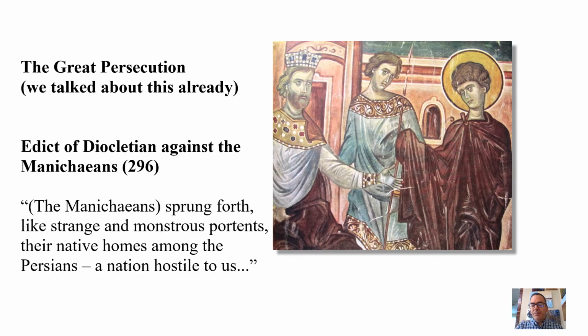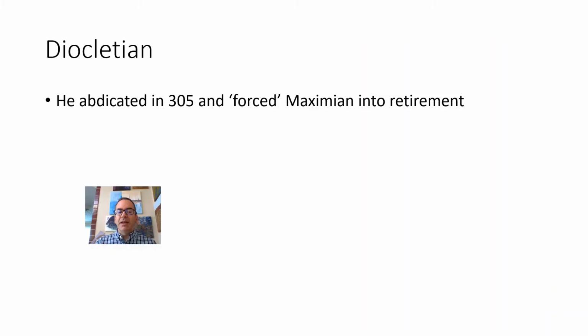The last thing I want to mention, we've already talked about this, is Diocletian is also more famous in Christian history for starting the Great Persecution. And like I said, we've already talked about this last week, so I don't want to mention it here again. And then finally, what's really interesting is that Diocletian was pretty happy with the way his tetrarchy was working. He actually abdicated, meaning he left power in 305, and this is really rare. You usually die in office or killed in office.